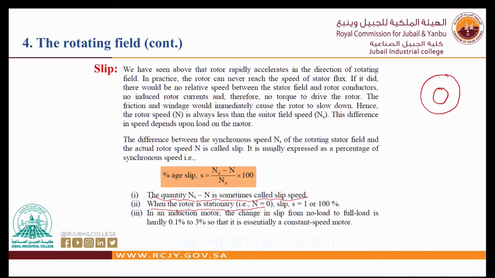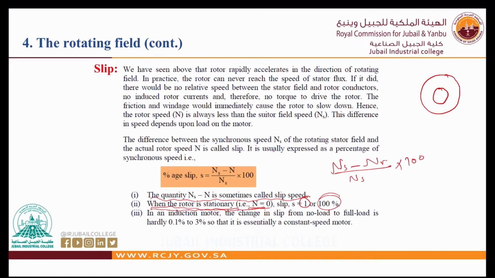This is a very important note. When the rotor is stationary, that means the rotor is not moving, the rotor speed is 0, right? Then the slip is 1, which is 100%. How is that? Because slip is N synchronous minus N rotor over N synchronous, multiplied by 100.